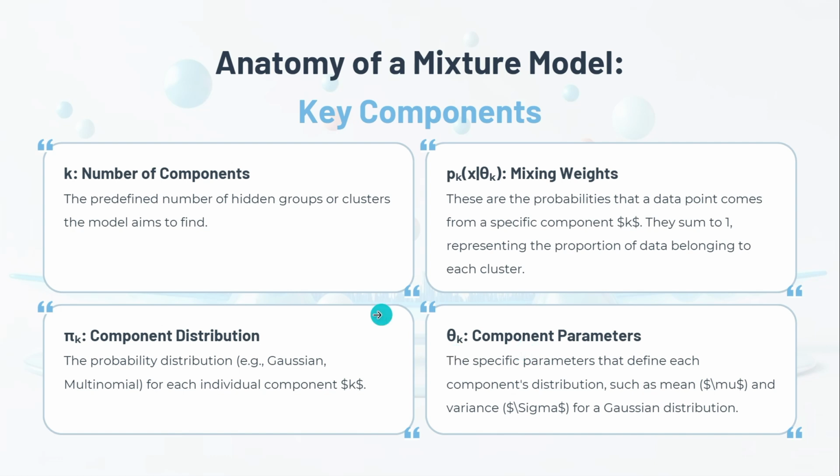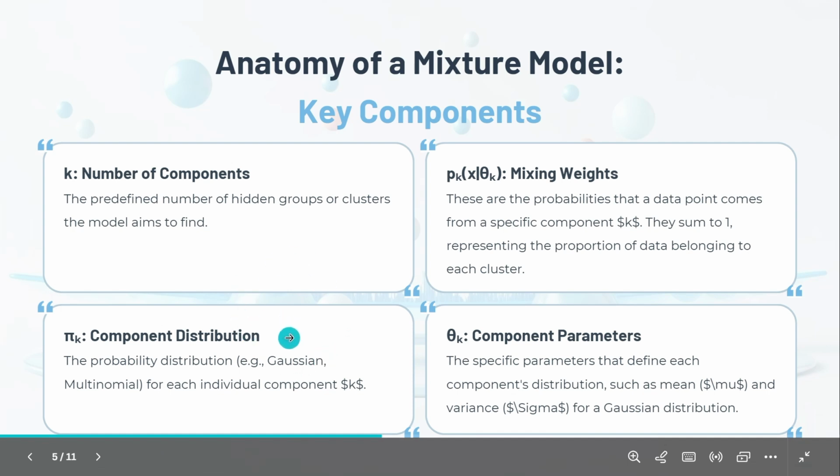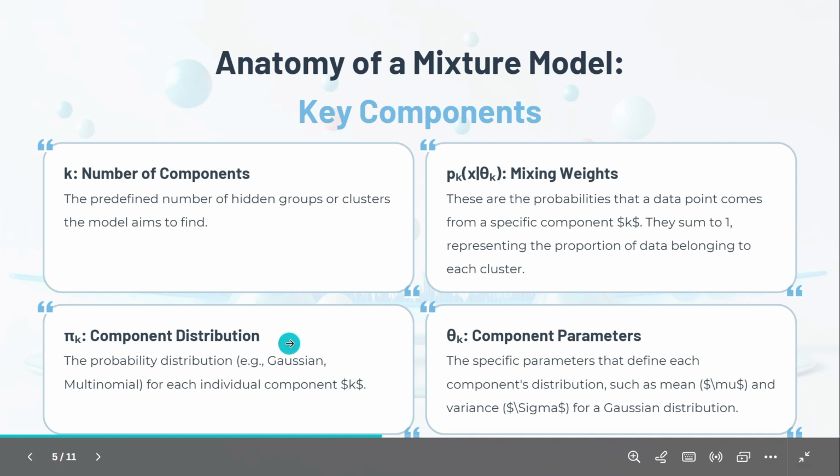The mixing weights are basically how much of your smoothie is each fruit, and the component distribution is the probability distribution for each group, for example Gaussian or multinomial, and the theta parameters are like the mean and variance of the Gaussian.